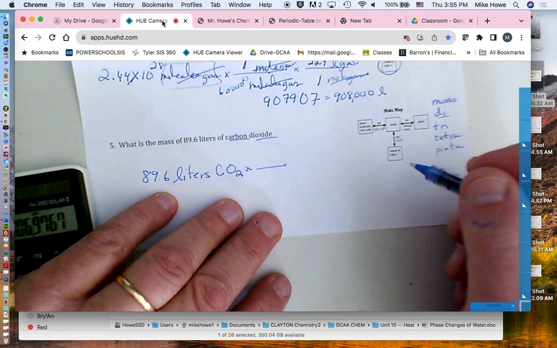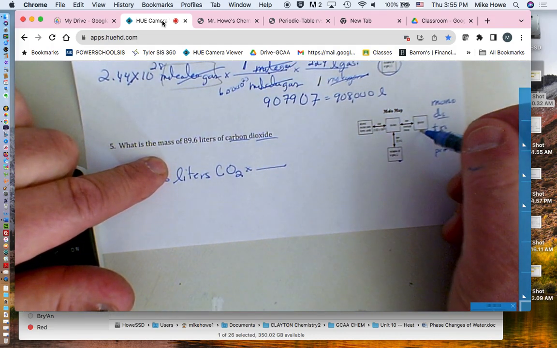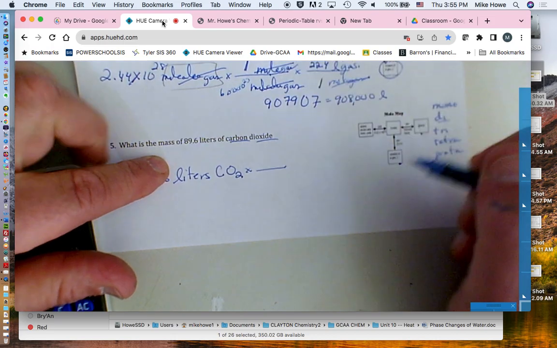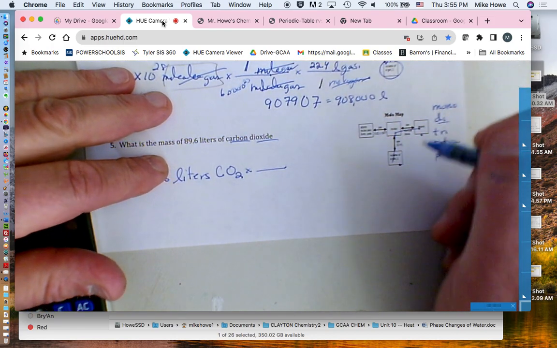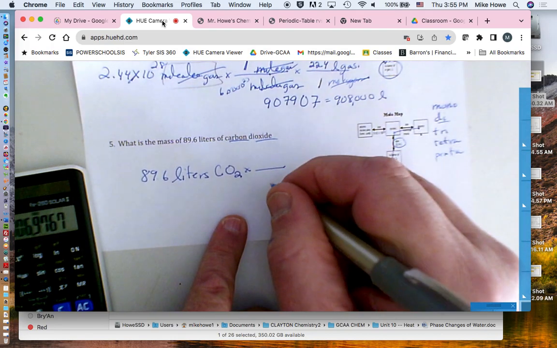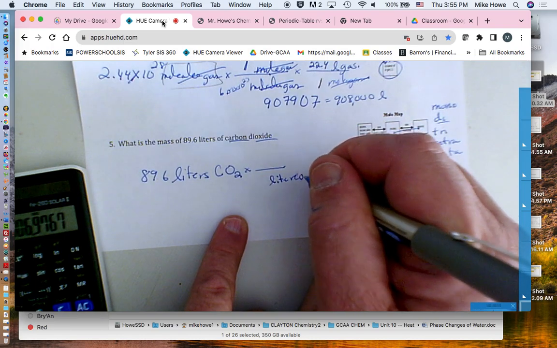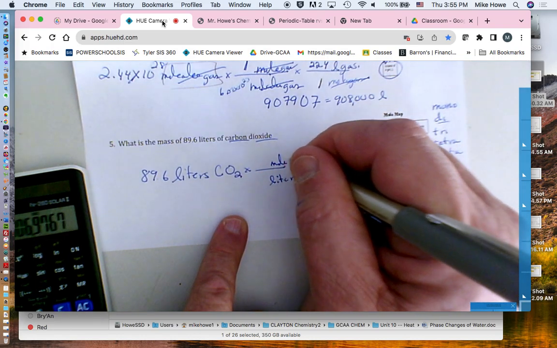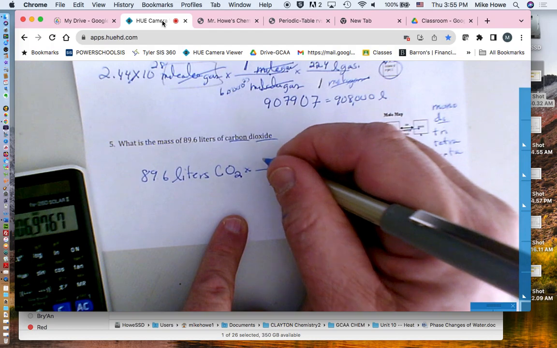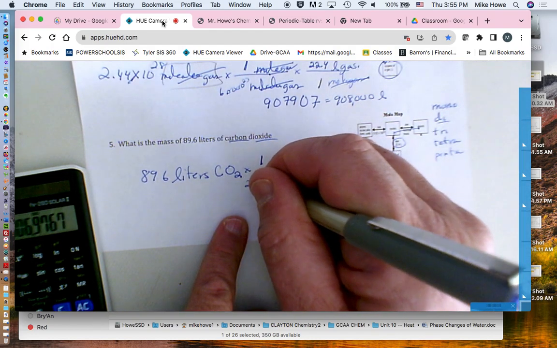Okay, so we're starting at liters, and we're trying to get to mass. So mass is over here, because mass is measured in grams. So we're going to go up and over. When we're moving from liters to moles, you have to use this number. So I'm going to put liters on the bottom, moles on top. 1 goes in moles, and the number of liters that are in a mole is 22.4.